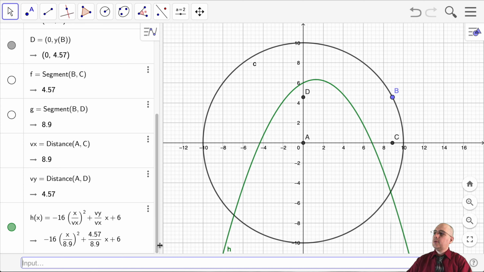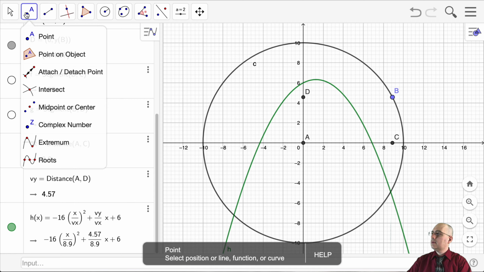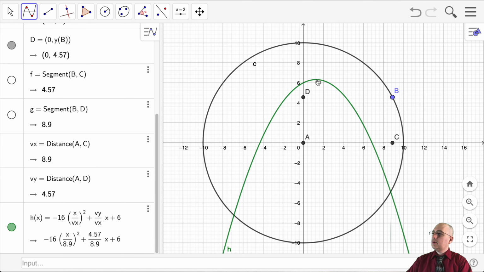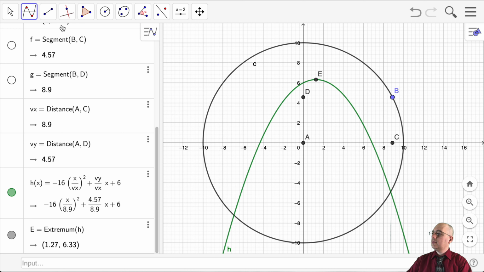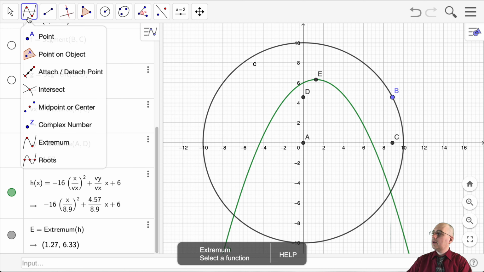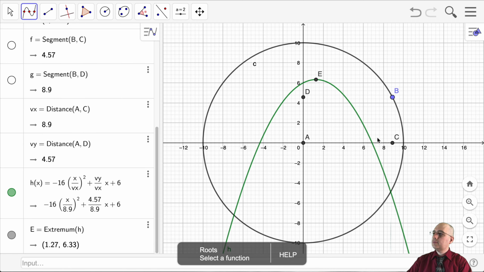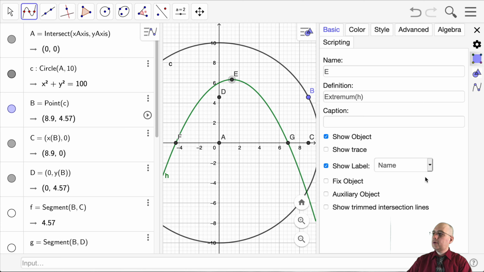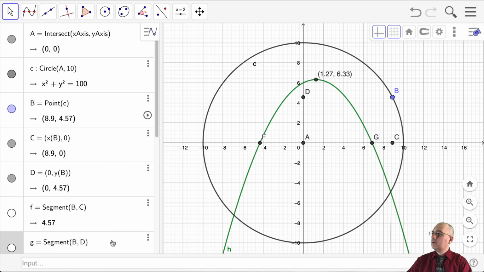So that's my parabola. And now I can get the extremum there, and I can get the roots. And I'm going to want to give this setting a value. There we go. And do this one.